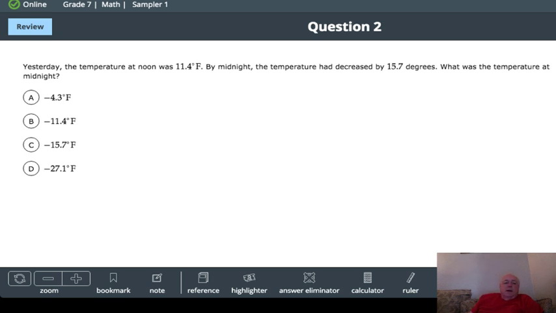Okay, so the temperature at noon was 11.4 degrees Fahrenheit. By midnight, the temperature had decreased by 15.7 degrees. What was the temperature at midnight? So there's a few ways to do this. We could do it as a thermometer. We could do it as a number line. And let me try to bring up that pencil thingy again.